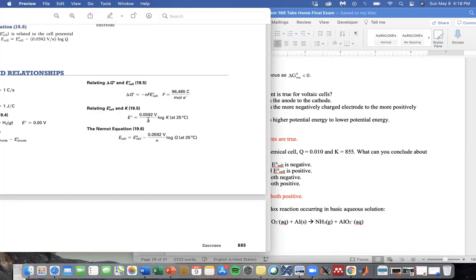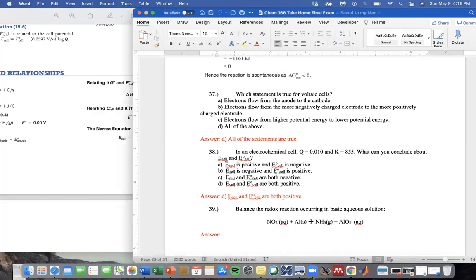Even if N is 5 or 2, it shouldn't affect whether it's a positive or negative number. So we can just plug in 1 to do the calculation. If we do 0.0592 divided by 1 times log of 855, we get 0.17. So E standard is positive. So E standard has to be positive, so it won't be this one or this one.